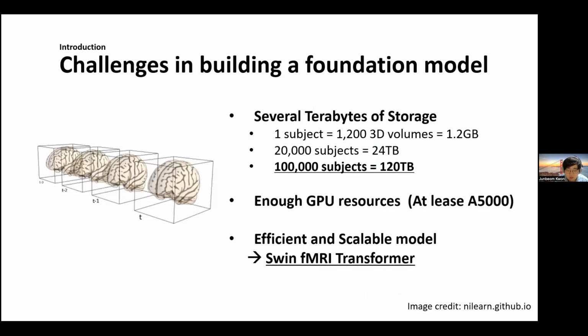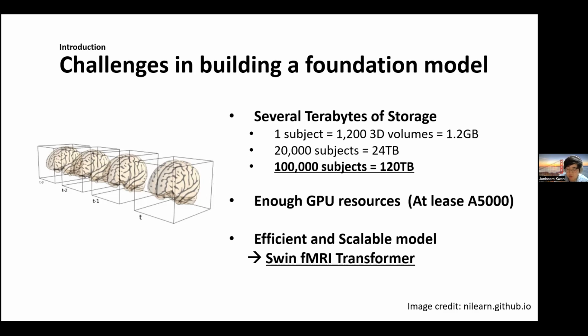However, there were three challenges in training a foundation model for fMRI datasets. Firstly, we had to prepare at least 120 terabytes of storage to load hundreds of thousands of fMRI scans. In addition, it required a lot of GPU resources, since our model size should be large enough to train with this amount of fMRI data.